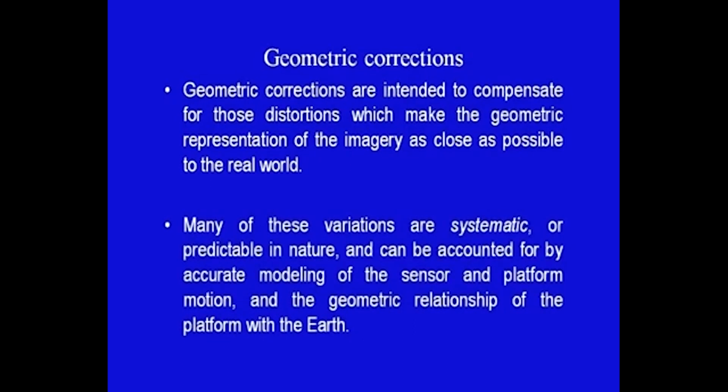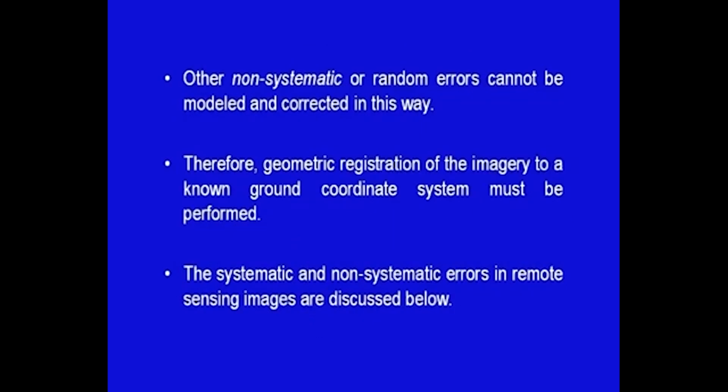Many of these variations are systematic or predictable in nature and can be accounted by accurate modeling of the sensor and the platform motion and the geometric relationship of the platform with the earth. Other non-systematic or random errors cannot be modeled and corrected in this manner.